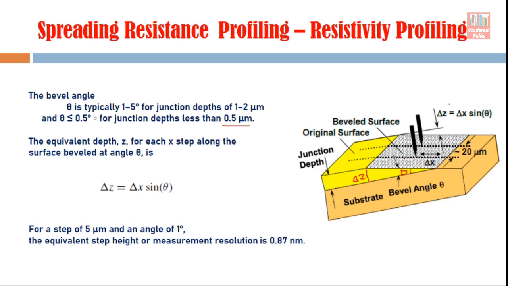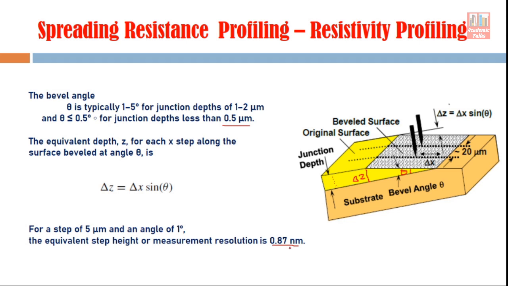For the 5 micrometer distance which we are traveling here, just because of this design, vertically we are getting very high resolution, 0.87 nanometer. We can get this resistivity information at every 0.87 nanometer. So after a 0.87 nanometer depth, again we can get a new value, and that way we keep on repeating.